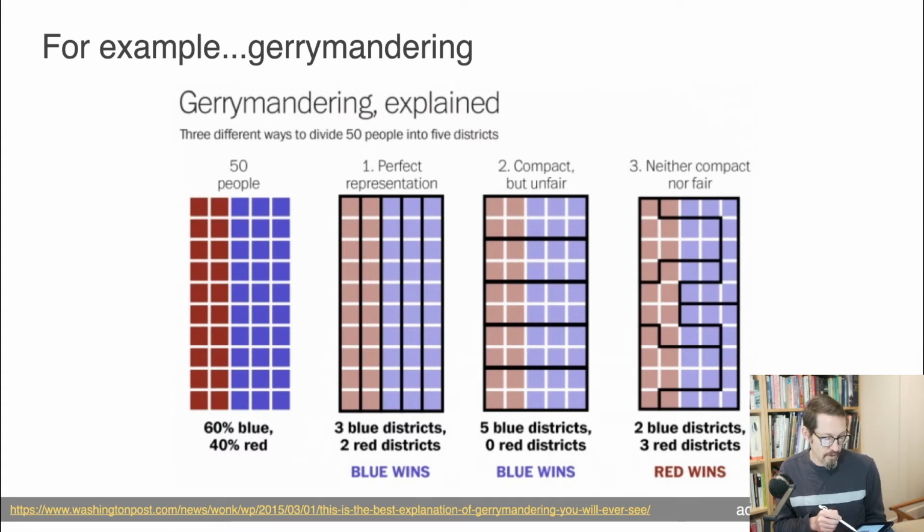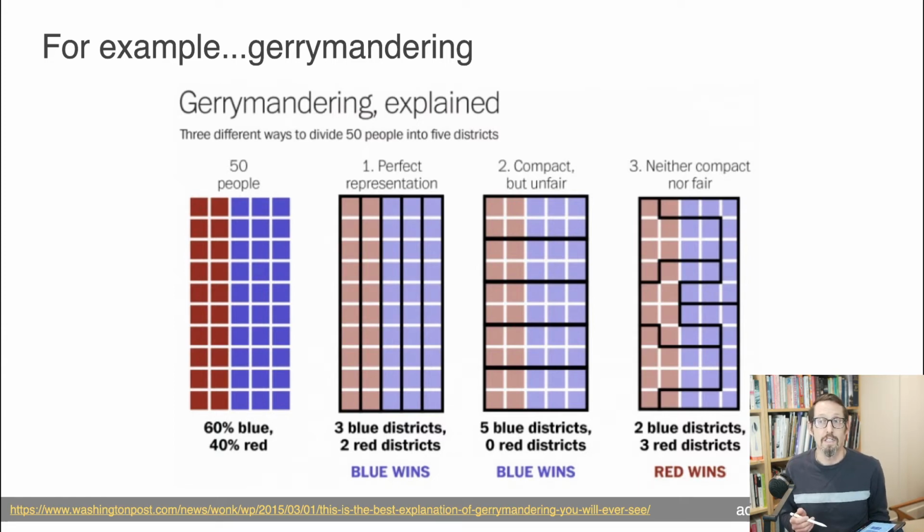If we have 50 people in a given area, or 50 units of people, and we have 60% blue, 40% red in their political allegiance, we could divide up this region into individual districts that are either very fair or not fair. If we divide up the districts like this, we get the same 3 blue to 2 red ratio that we get from 60% of people blue, 40% of people red.